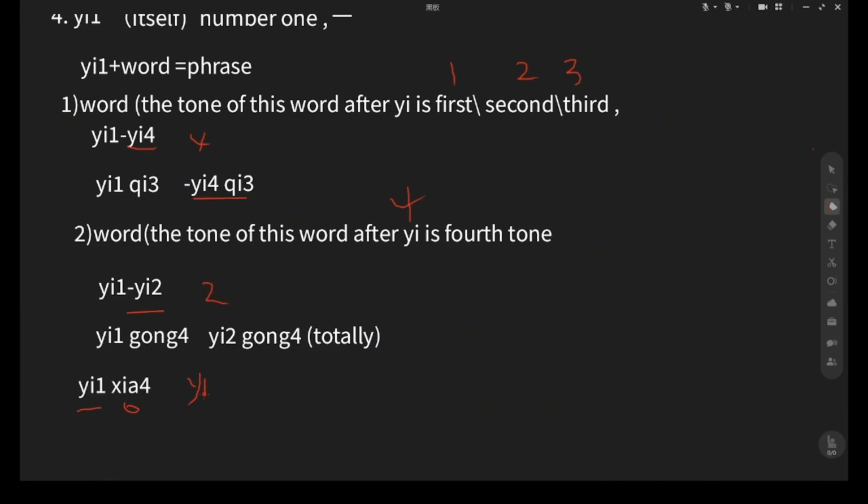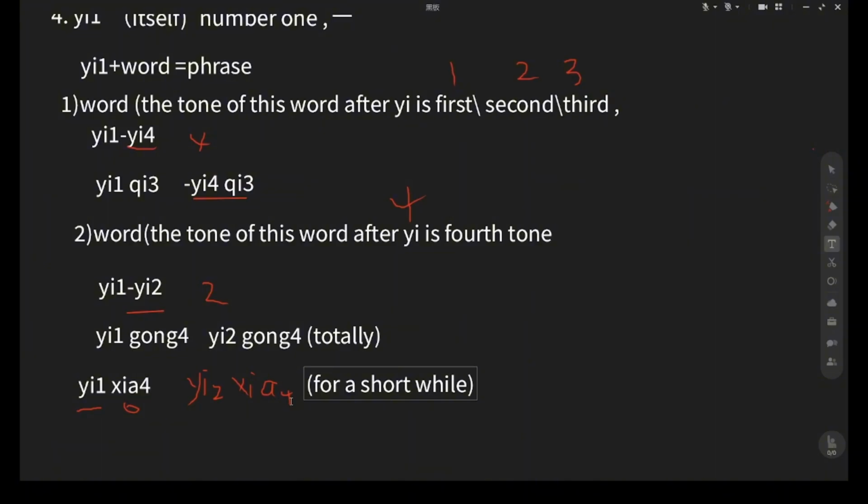How to read this one? 一下. Good. So what's the meaning of 一下? Means for a short while.